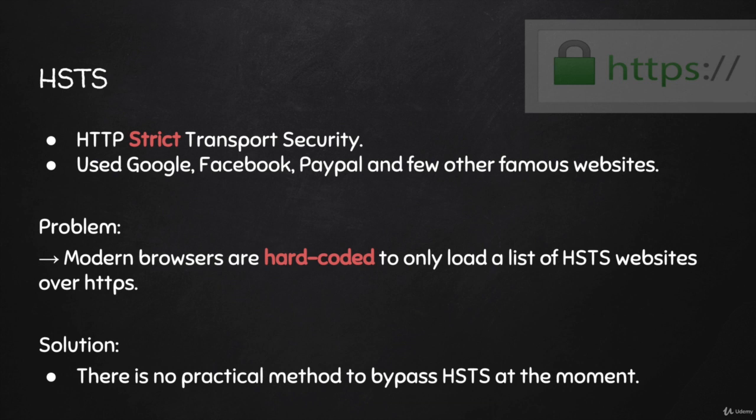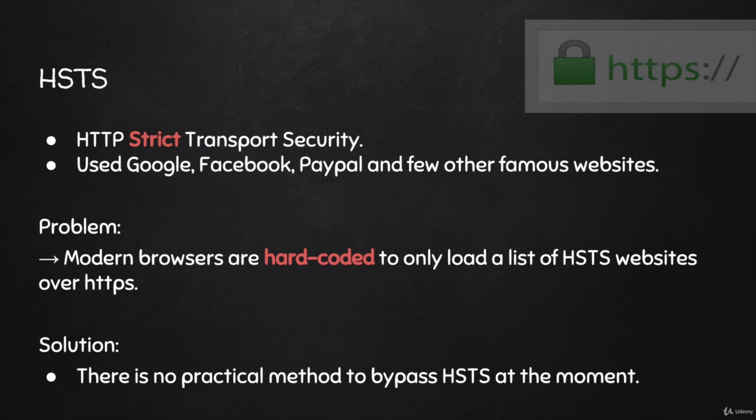Now, HSTS is used by Facebook, PayPal, and Gmail, for example. And basically, the way this works is the browser at the victim, at the target, comes up with a hard-coded list of websites that it should only load as HTTPS.